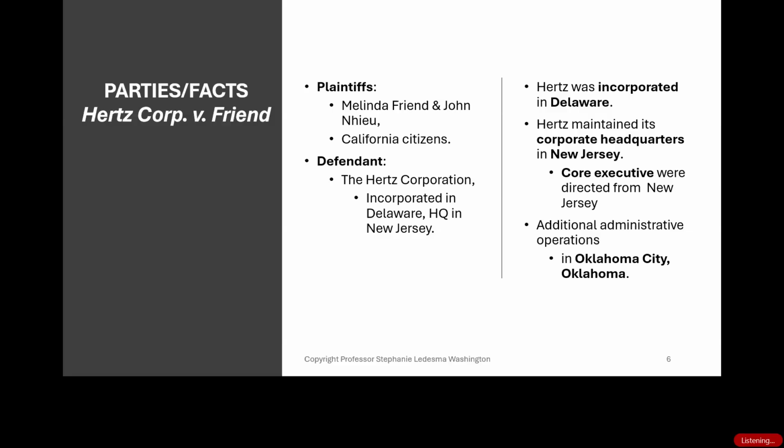Now, there's some additional administrative operations in Oklahoma City, but the core executive functions are out of New Jersey. Yes, Hertz conducts business at the time, 2010, in 44 states across the United States. Yes, the California footprint for Hertz was pretty large, right? 273 rental locations in California, but that's only 17% nationally.